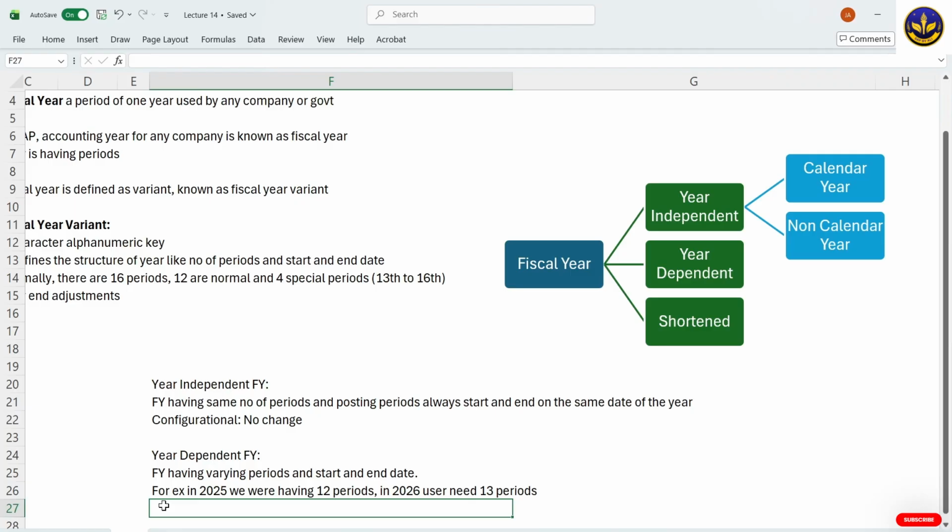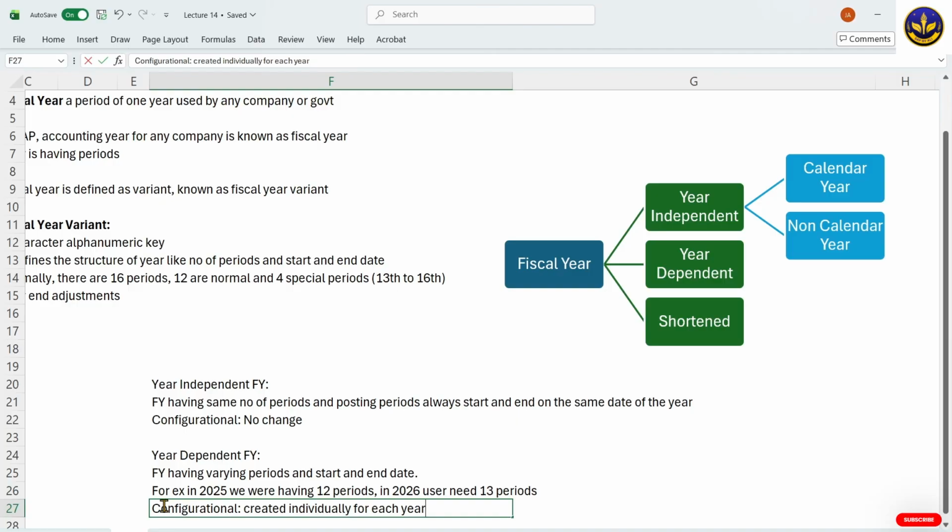So what would happen? The last Friday of March each year would fall on different dates, or varying dates. In that case also we have the year dependent fiscal year. It simply means that the fiscal year would differ and cannot be the same. So from the configurational point of view, it is created individually for each year.